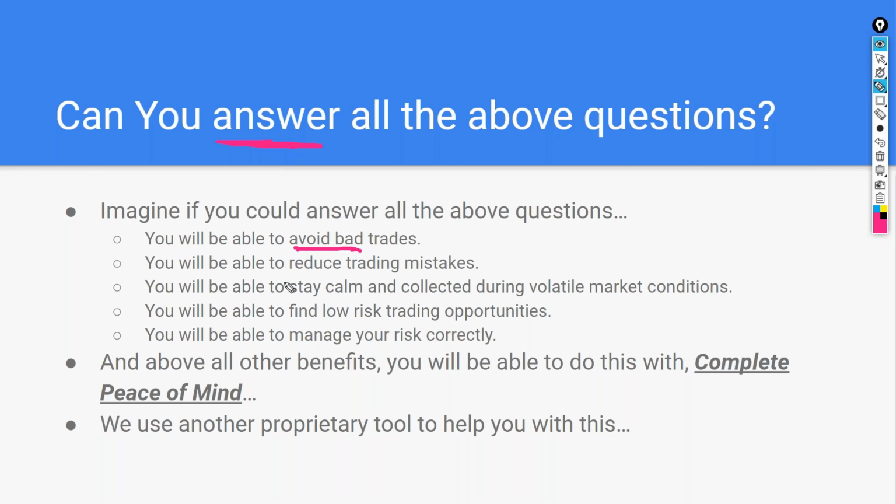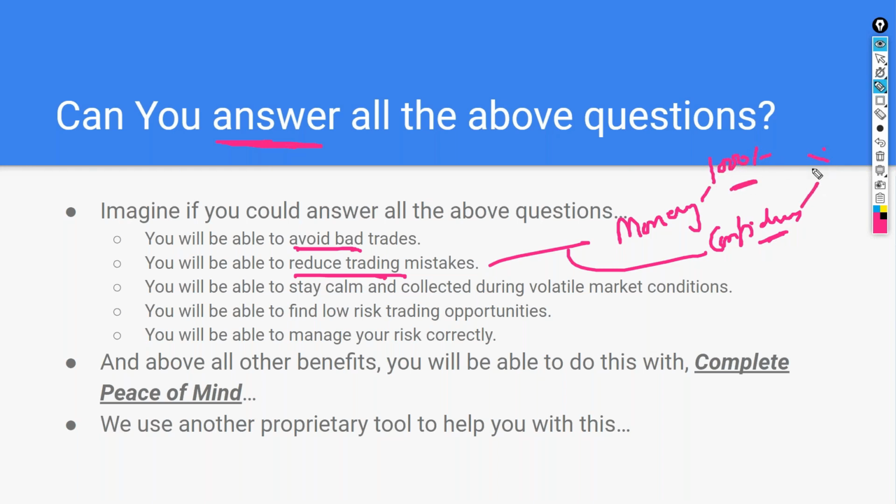All right. You will be able to reduce your trading mistakes. Always remember, mistakes not only take away your money, but they take away your confidence. Now, if you lose, let's say 1,000 rupees, you also lose some amount of confidence. Let me put a number on this.